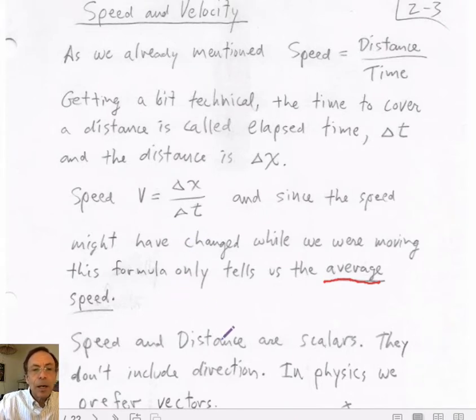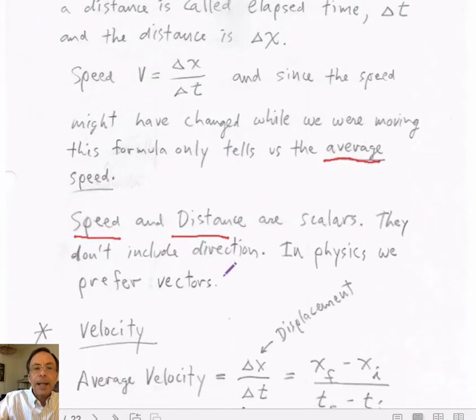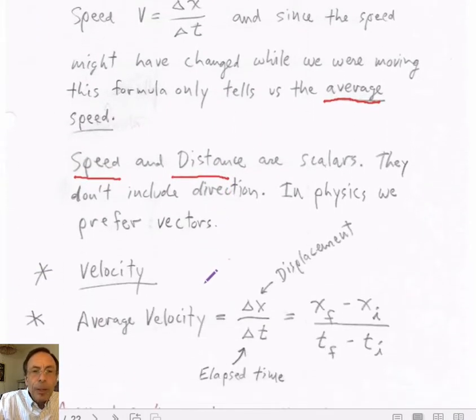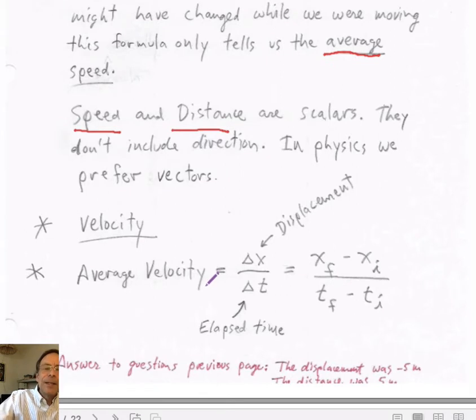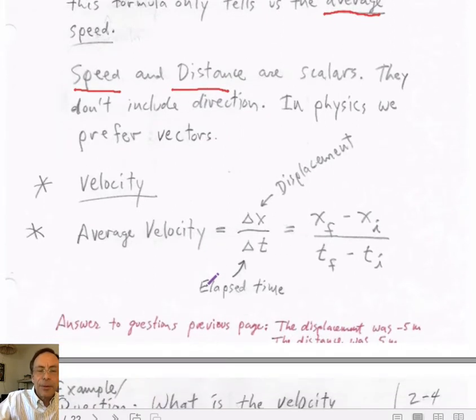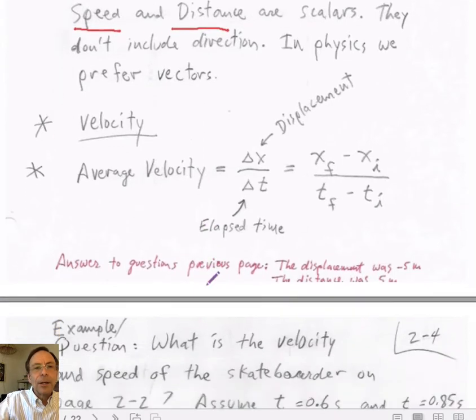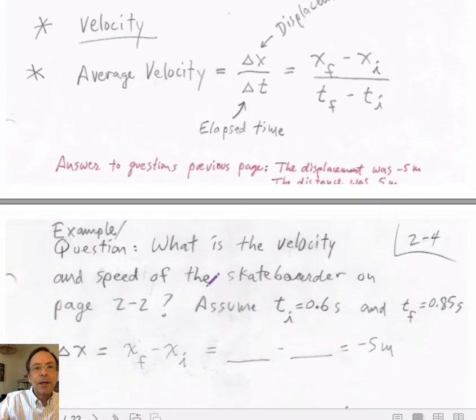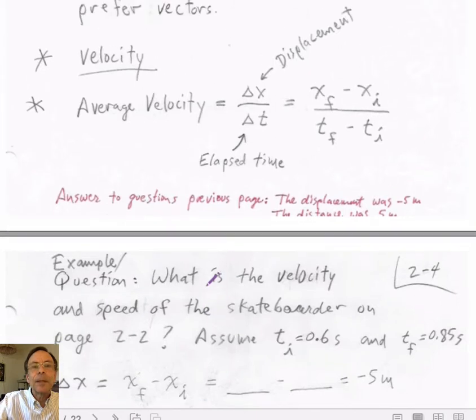And so the distance is a scalar, and consequently the speed is also a scalar, which is not really what we want. We really like to have the directions, and so we upgrade. Instead of speed, we're going to talk about velocity.